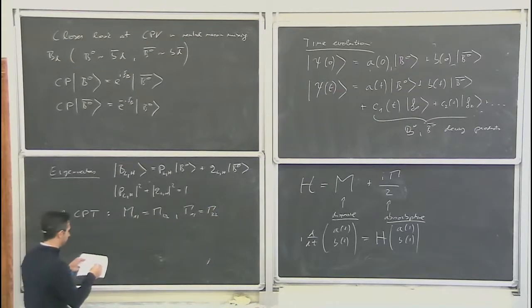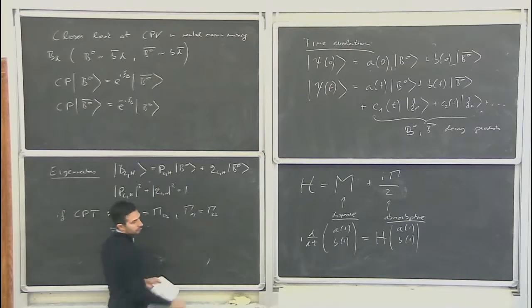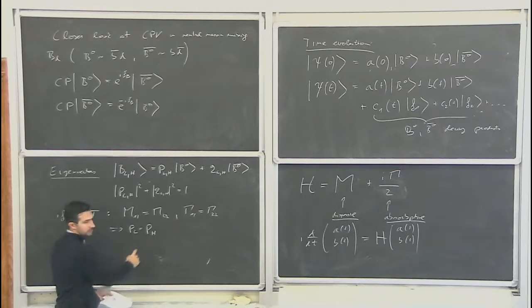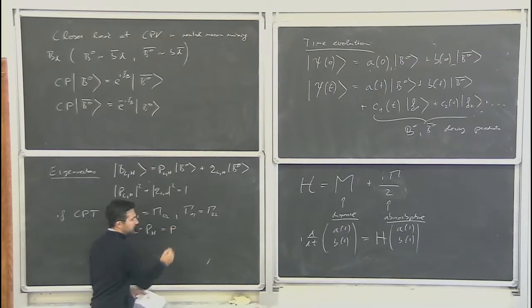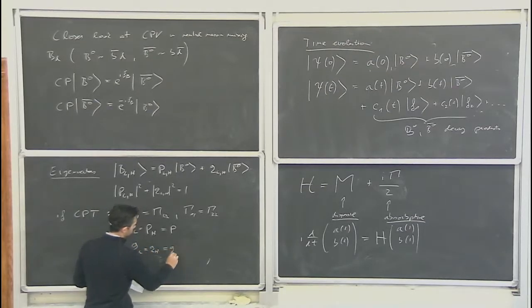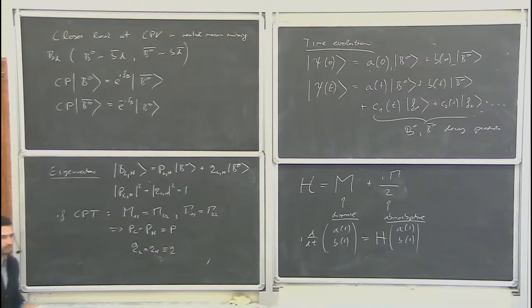And this leads to a further constraint that the parameterization coefficients p and q have to be the same for L and H. So p_L equals p_H, so I can drop the subscript and denote this just with p. And similarly, q_L has to be equal to q_H, and I will just denote it as q. So this will be my definition of p and q.